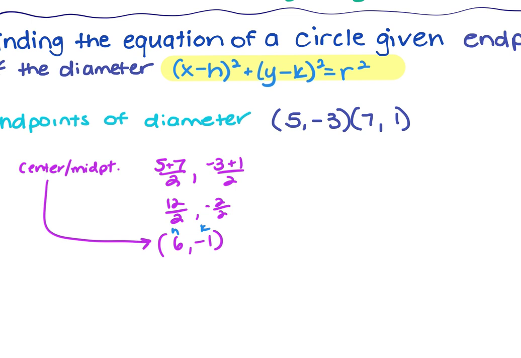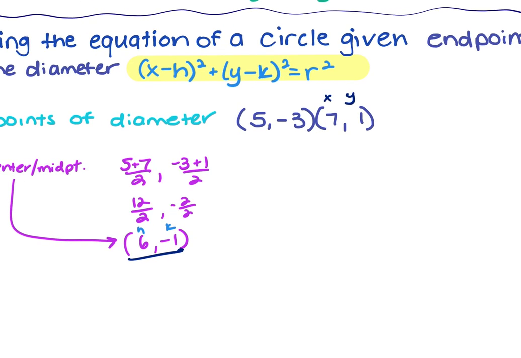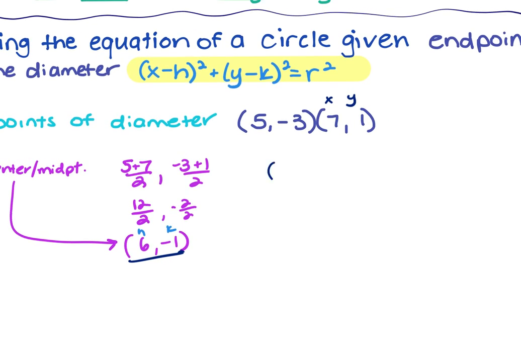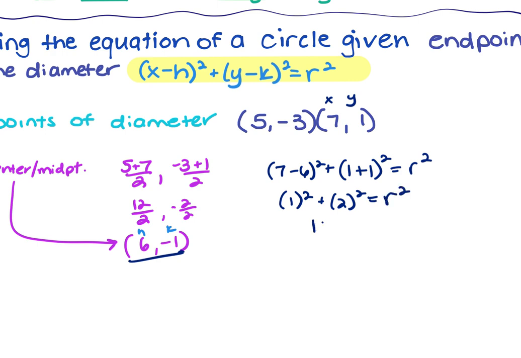Or you can grab either of the coordinate points, and I would definitely recommend grabbing the one that doesn't have a negative if that's an option. Make that your x, y, make this your h, k, and plug it into your equation. So 7 minus 6 squared plus 1 minus a negative 1 squared equals r squared. 1 squared plus 2 squared, 1 plus 4.